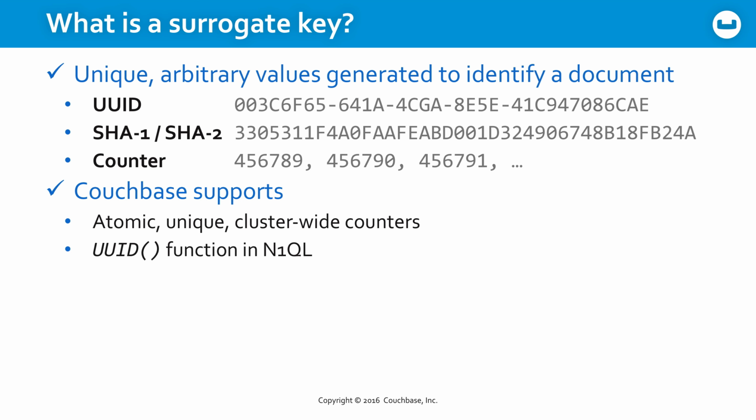Also, there's a UUID function available in N1QL if you're creating new documents using the insert statement provided in that language. Of course, your own programming environment will have other ways of generating unique values as well, and you can pass those through the Couchbase SDK as part of document creation.